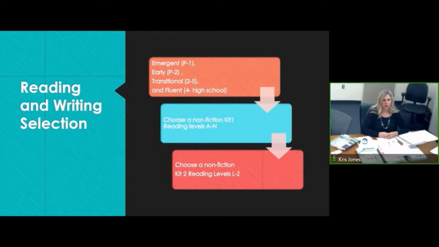If you look at the reading and writing selection on the slide here, you'll see for our EAL purposes the different levels for reading specifically. It's emergent, P1. If you look at the Fountas and Pinnell lettering system, you will see it's basically A to Z, and there is a breakdown.